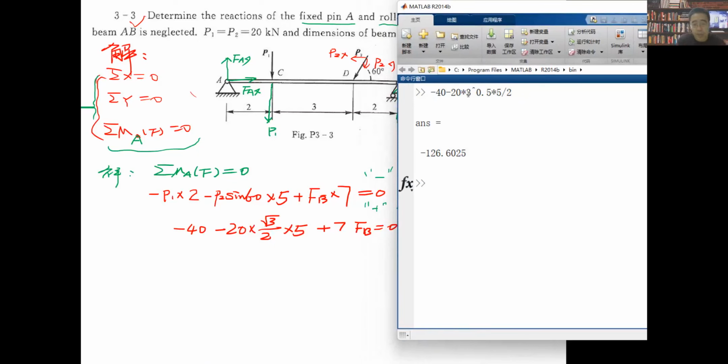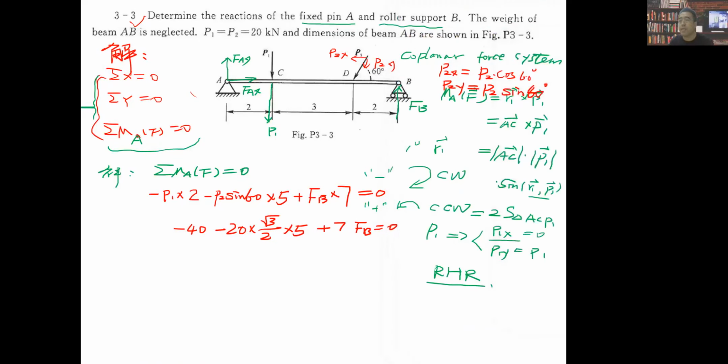And we only need this one, A and S over 7. Over 7, we will get... Actually, we will find this minus sign we do not need. The true answer of FB should be 18.0861. Can you guys understand me?